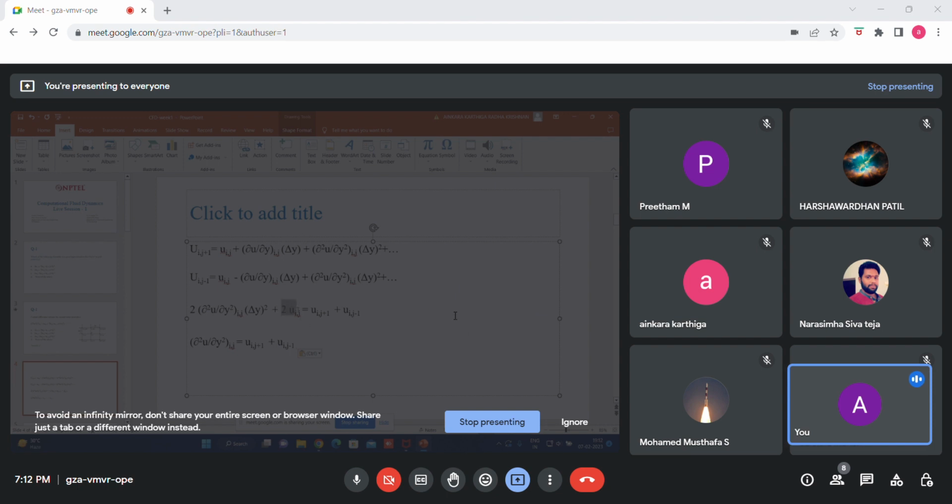This term will go that side. And everything divided by 2 times Δy². This is how we are getting this equation. It should be 2, sorry.